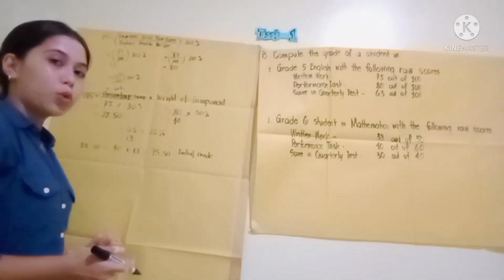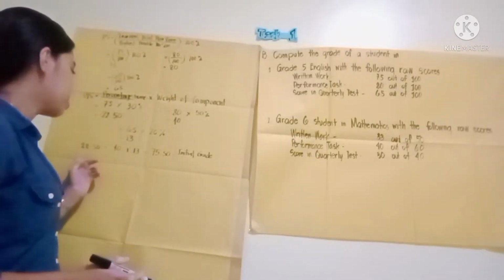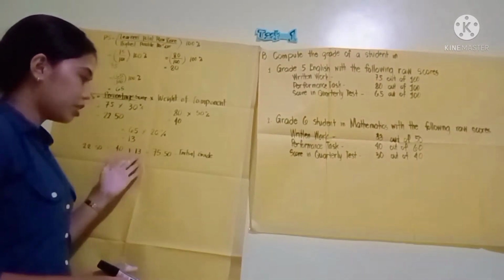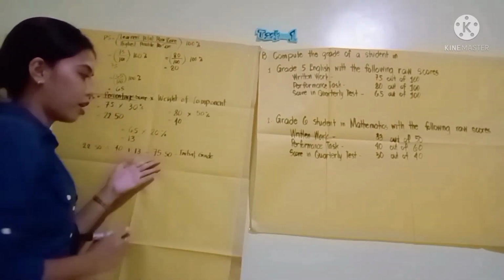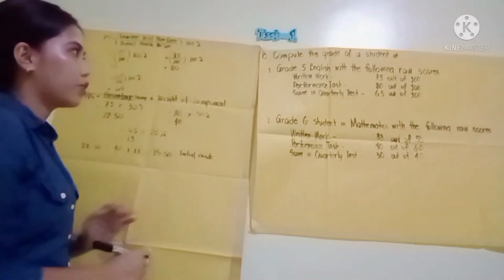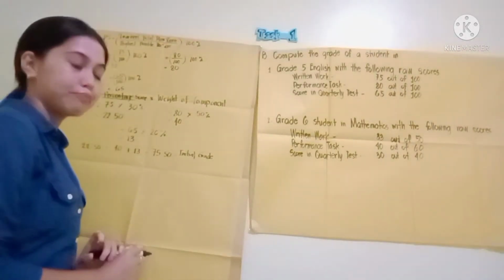So 22.50 plus 40 plus 13 equals 75.50, which is the initial grade of a grade 5 English student.